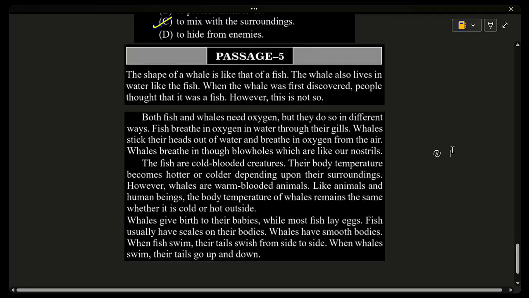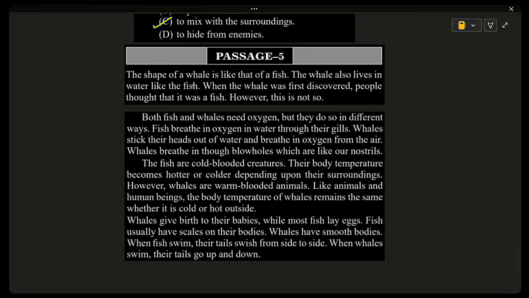The shape of a whale is like that of a fish. So they're comparing whale and fish. The whale also lives in water like the fish. When the whale was first discovered, people thought that it was a fish. However, it is not so. So whale and fish are biologically different, but it looks like a fish.